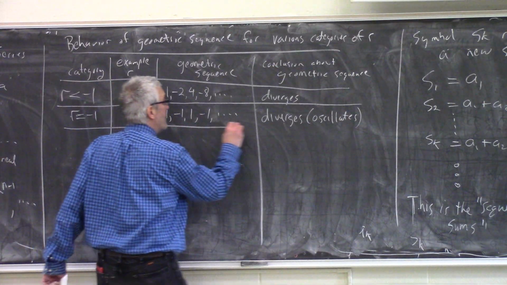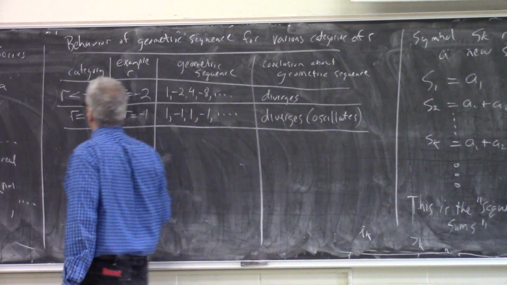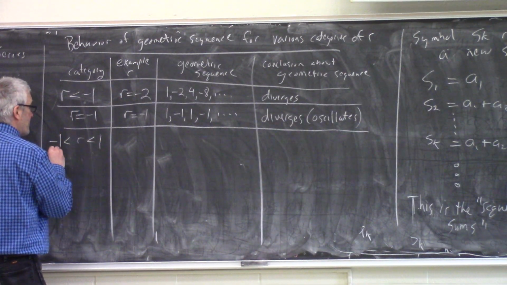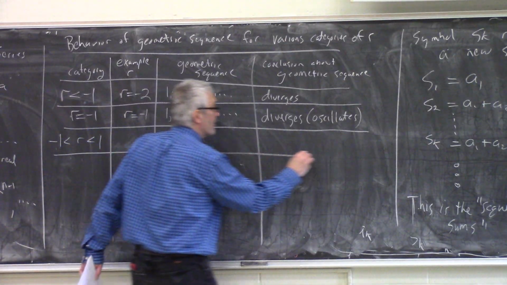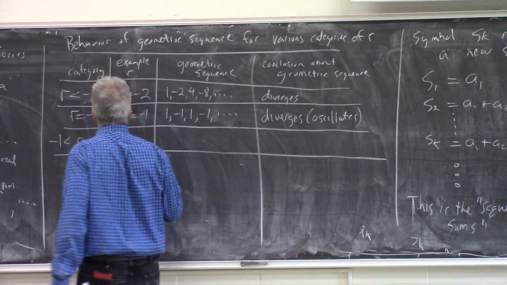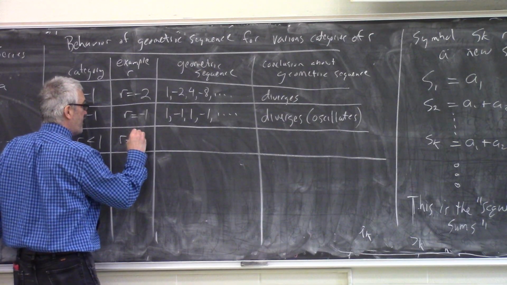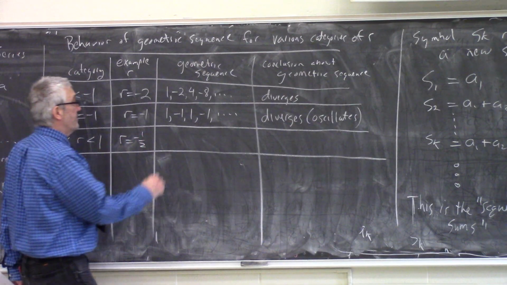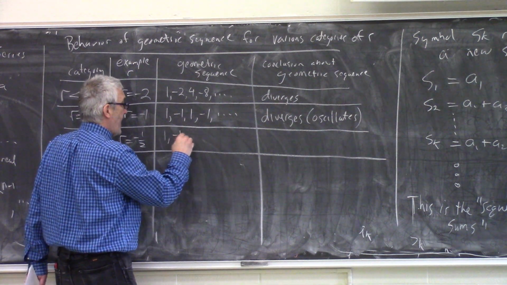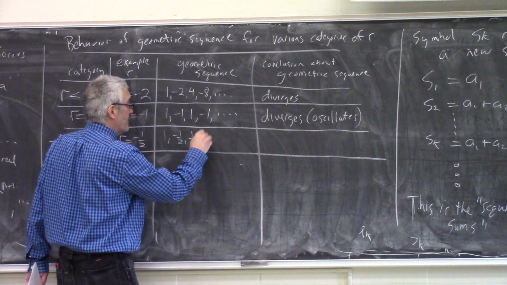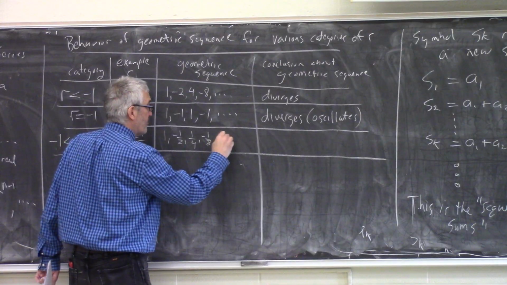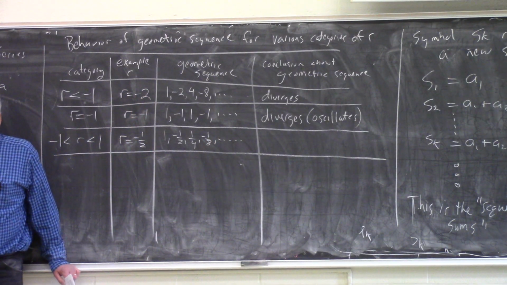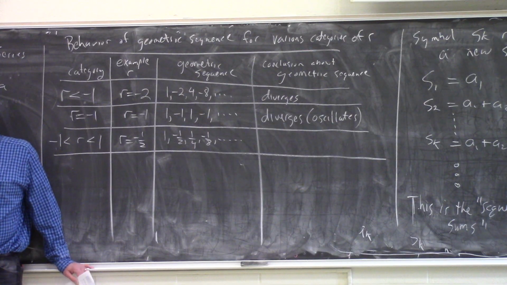Another category would be R between -1 and 1, strictly. An example in that category would be R equals -1/2. So let's make the list of terms. It would be 1, -1/2, plus 1/4, -1/8, and so forth. Who wants to weigh in on this? Does this converge or diverge? If it converges, what does it converge to?